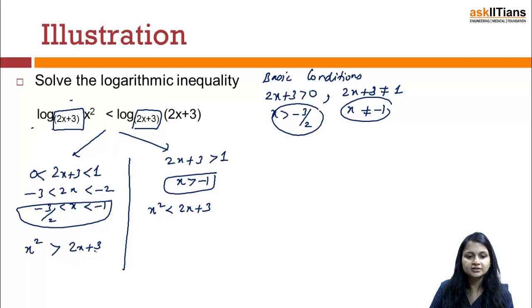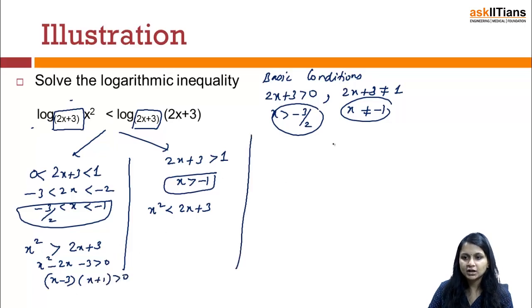So x square greater than 2x plus 3 will give you the quadratic inequality x square minus 2x minus 3 greater than 0. So this will give you x minus 3 into x plus 1 greater than 0. If I plot it, it would be like this: minus 1 here, 3 here.